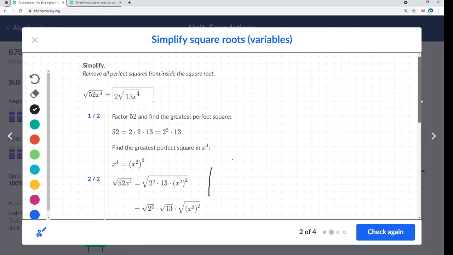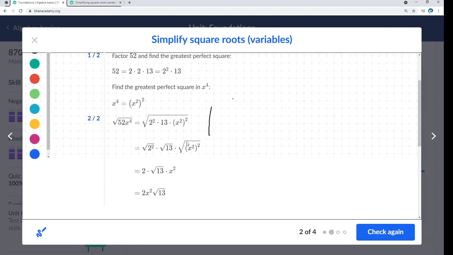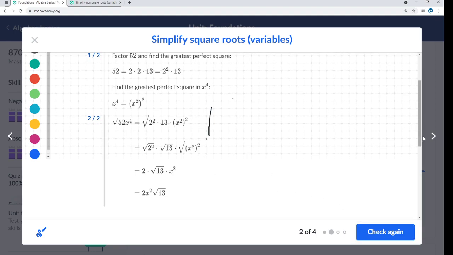Got it. I'm not sure how to phrase it, but I'm pretty sure I know what I did wrong. And I think you phrased it correctly. Yeah, the square root of x. Okay.